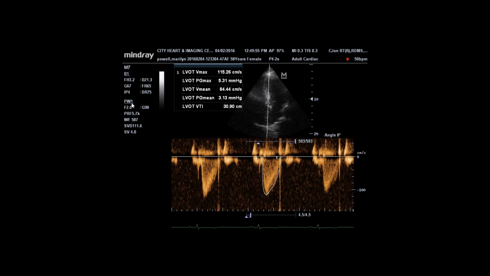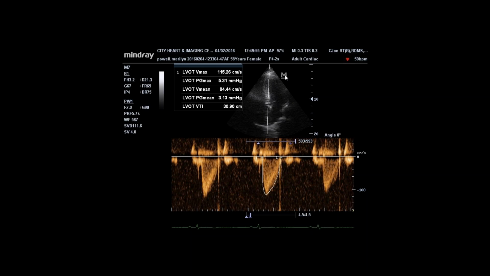It's a PW measurement. So this is the flow across the left ventricular outflow tract, flow from the left ventricle across the left ventricular outflow tract going towards the aortic valve.